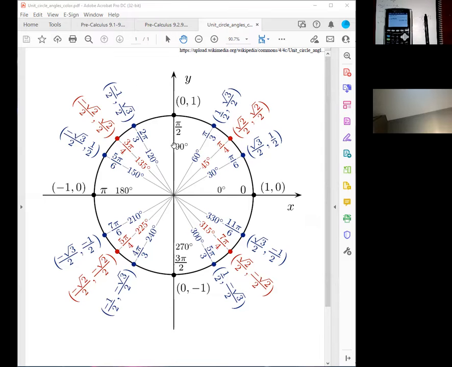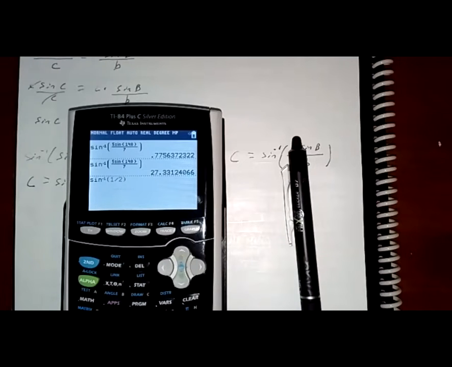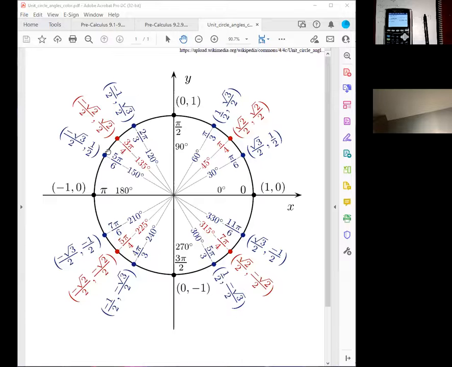Let's do that really quick. Let's pretend. Sine inverse of 1/2 is 30 degrees. That's what the unit circle said, and that's what the calculator says. But it does not give me this other solution. Remember how we said we had to do 180 minus that answer when we were solving the equations? So we use the reference angle.